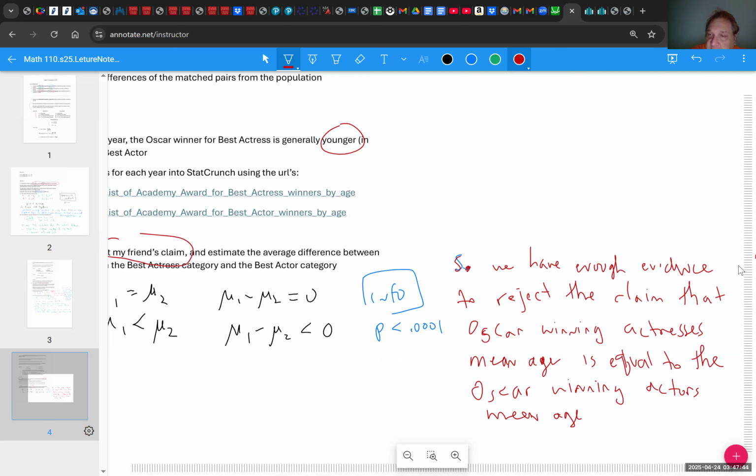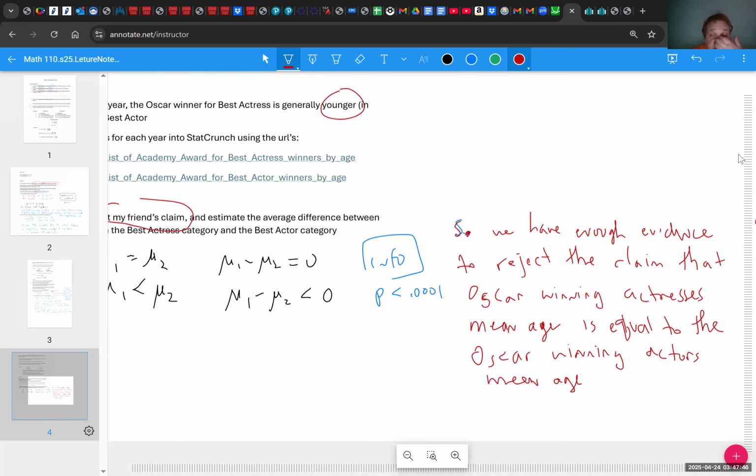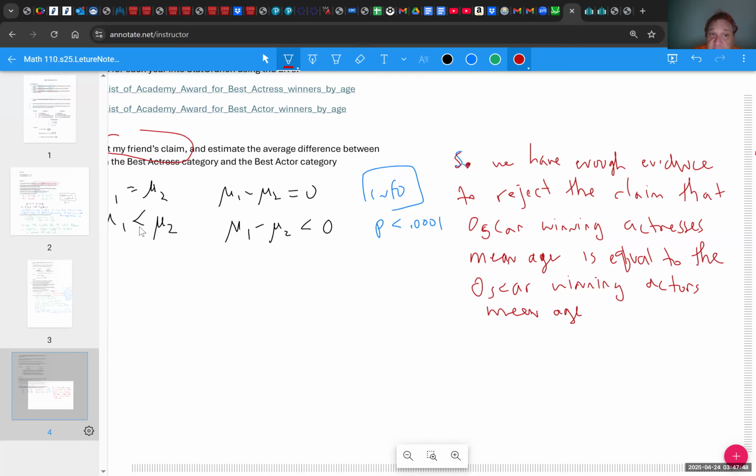And we think now we have evidence in favor of the alternative hypothesis. The alternative hypothesis was that the actresses is less than the actors. So we have enough evidence to reject the claim that the Oscar winning actresses mean age is equal to the Oscar winning actors mean age, in favor of the actresses being younger.